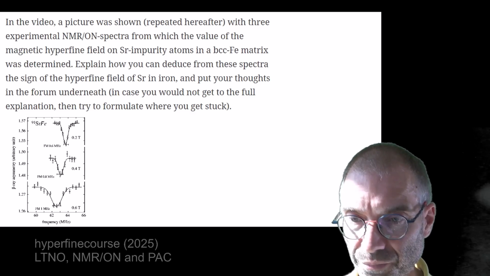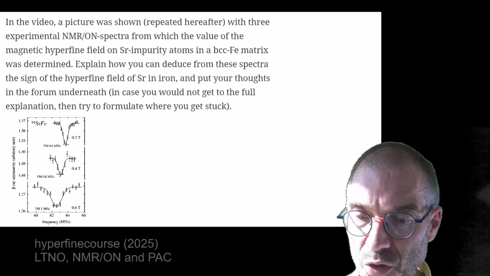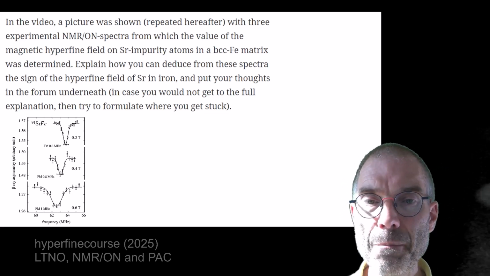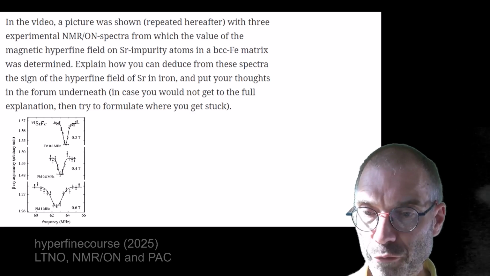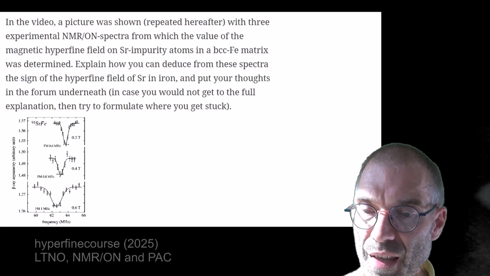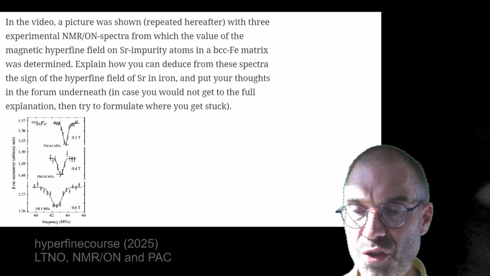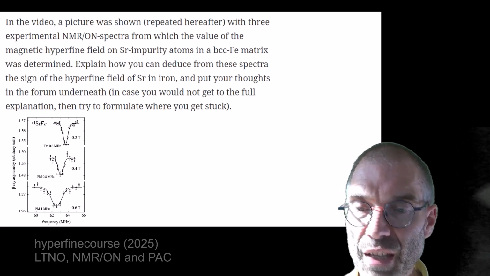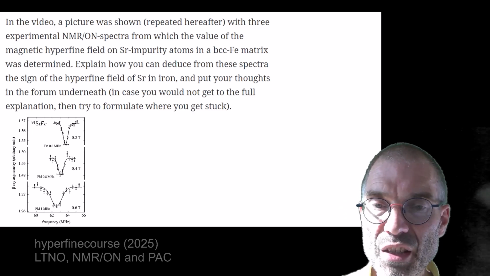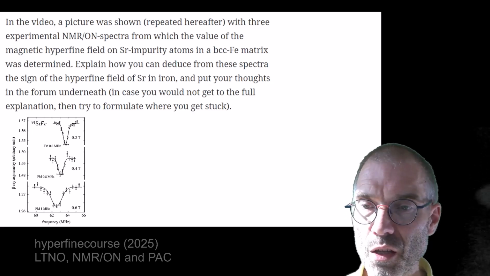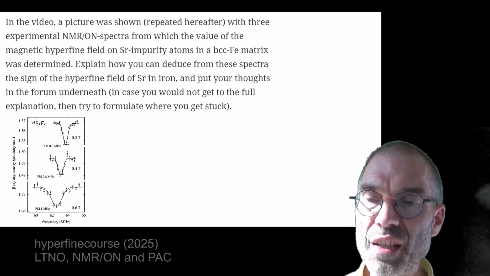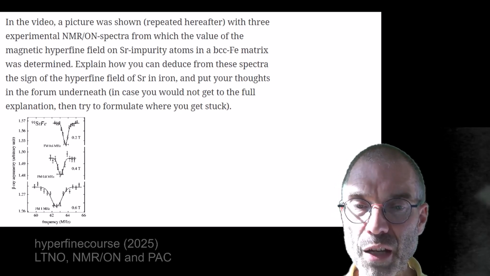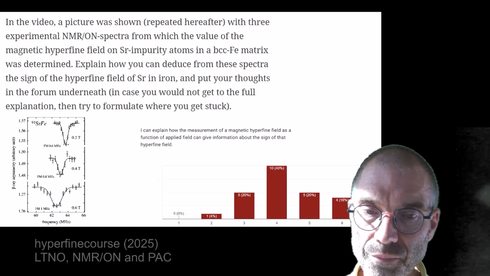And then you do an NMRON experiment, so you scan the radio frequencies. You observe a peak, a resonance, and that peak shifts to the left, shifts to lower frequencies if you increase the external field strength. The question is, from this experiment, can you deduce the sign of the magnetic hyperfine field?